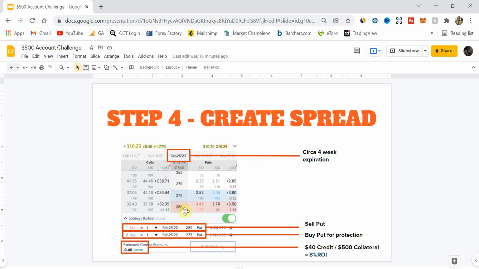So in this example, 280 minus 275 is $5 per share times 100 in the options market, so that's $500. So that's your full collateral gone, wiped away. Now you might be thinking, why would I place that trade if there's risk in there? But we'll cover that inside the next video.